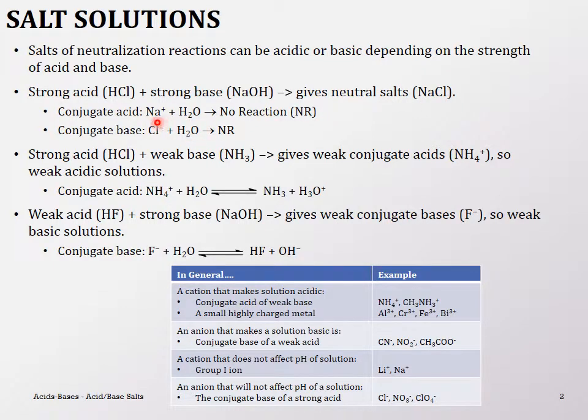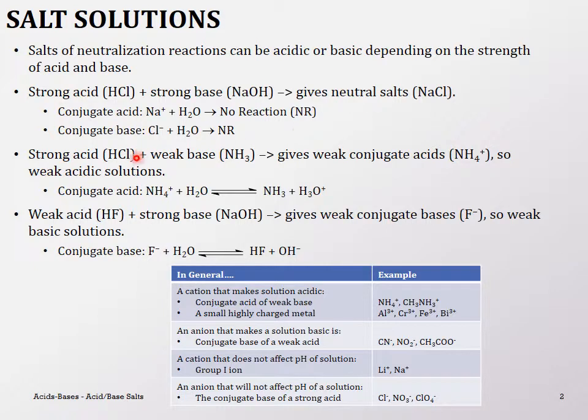The sodium ion will not do anything for water and the chloride ion does not do anything for water. So there is no reaction, which means that the solution you end up getting from a strong acid and a strong base is a neutral solution. pH is equal to 7.